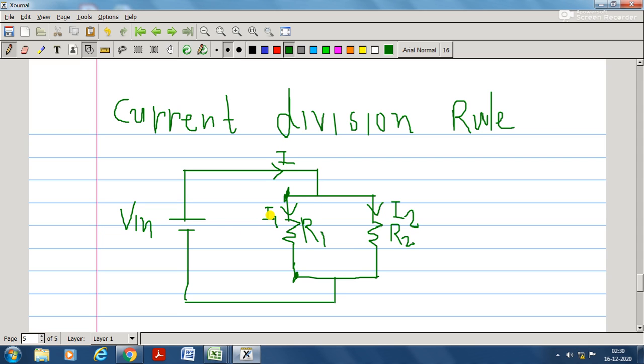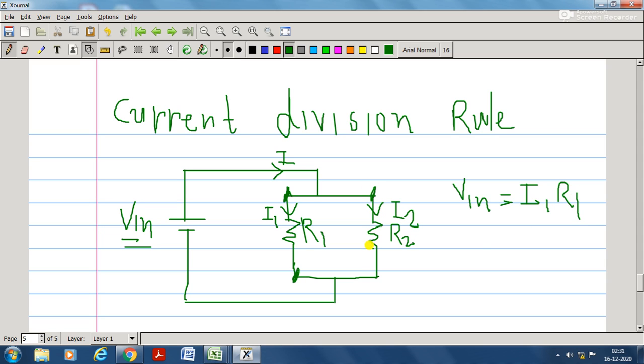Now see, the voltage V in appears across this R1 as well as across R2, because ultimately they are connected in parallel. So from that you can write Ohm's law: at this node, V in can be given by I1 R1.